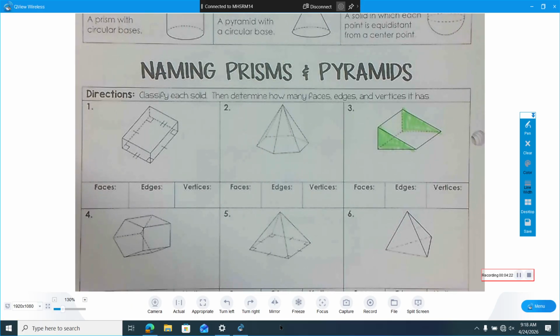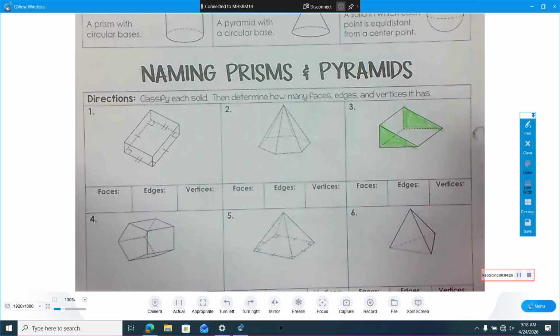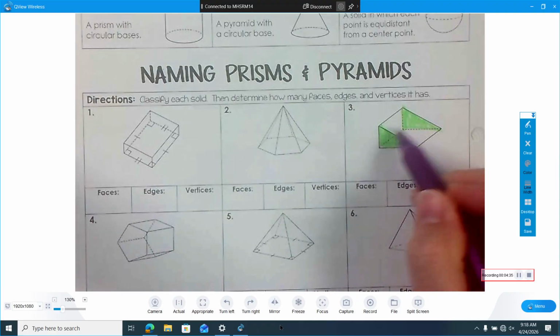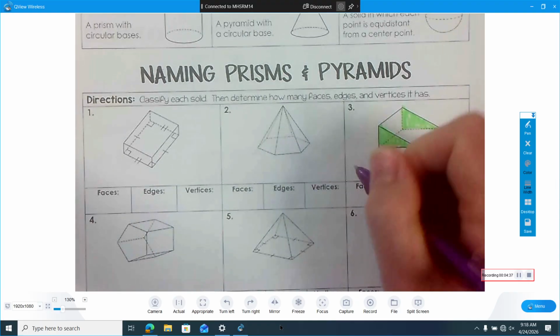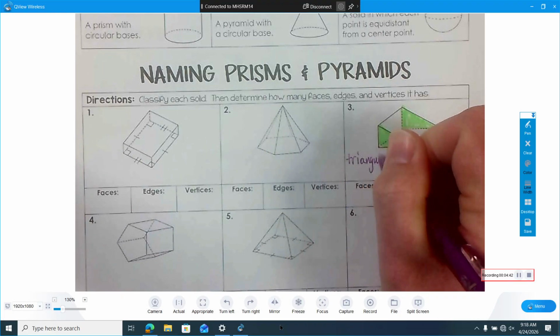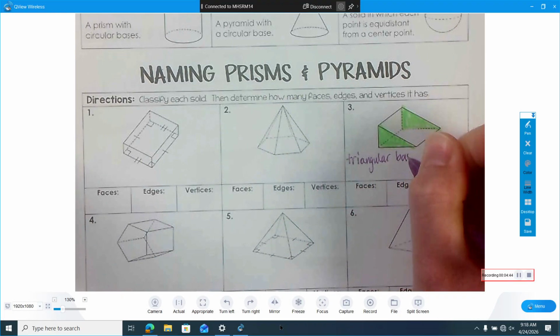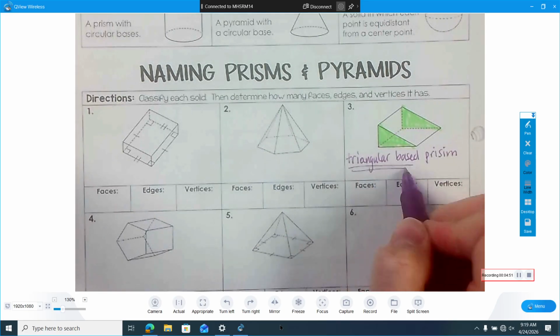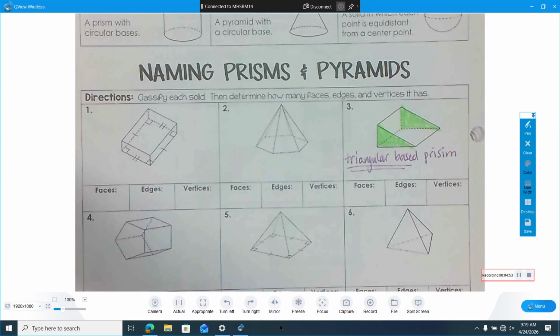So number 3 is absolutely a prism, and typically we define those prisms using the bases. Because these two bases are triangles, we would say this is a triangular-based prism, all right? Whatever the bases are is how we name them.